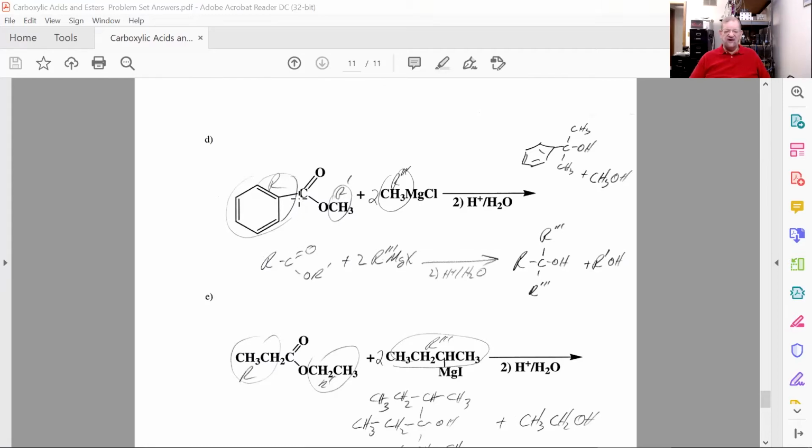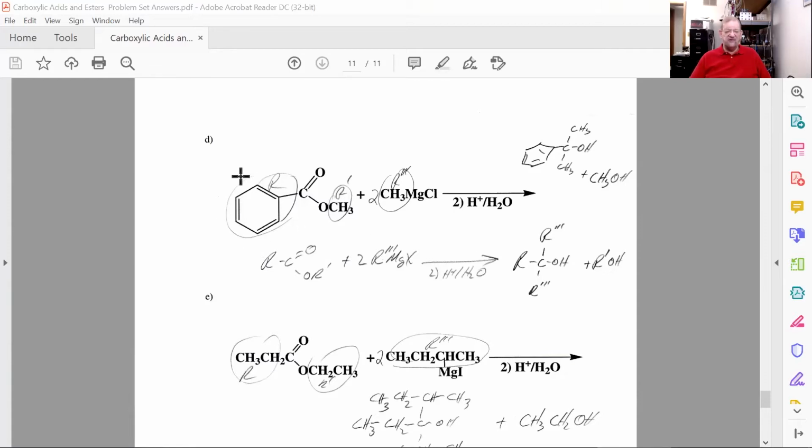What's attached to the carbonyl carbon is still there, R. The carbon that was the carbonyl carbon becomes an alcohol, and you make not one but two carbon-carbon single bonds, and then this OR prime becomes this alcohol, R prime OH.